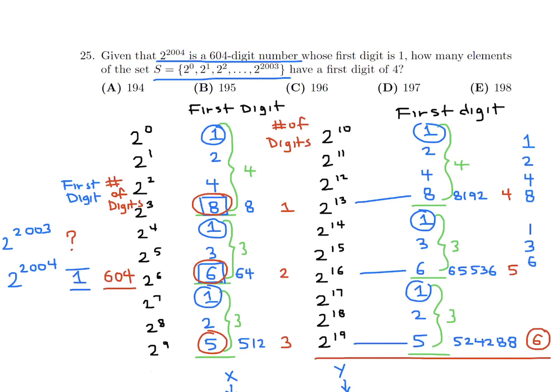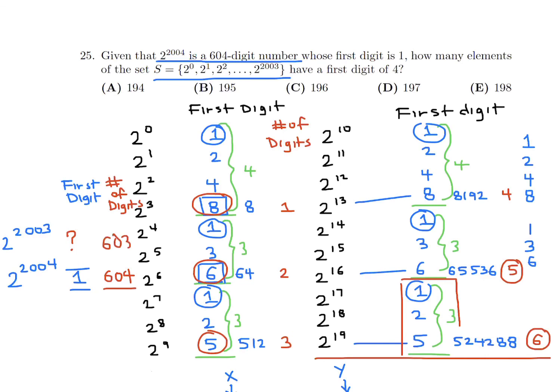If the number of digits is 604 for 2 to the power of 2004, 2 to the power of 2003 will have how many digits? Well, remember, let's look at this subset here. These guys had 6 digits for their numbers. The next subset before it had 5 digits.